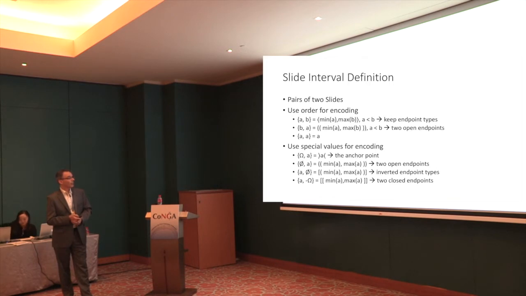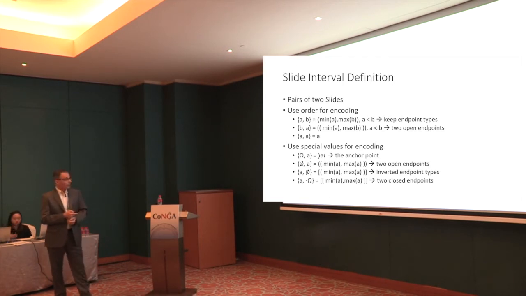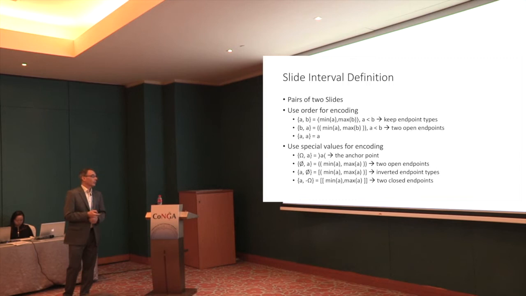So we can have two open endpoint types, and then we can take some of the special values like overflow and empty set to extract things like the anchor point and to have the open intervals between the anchor points.